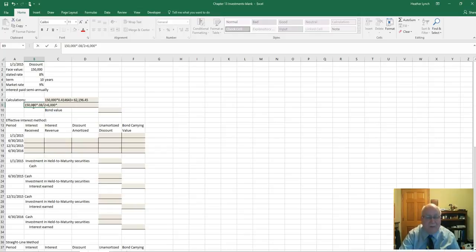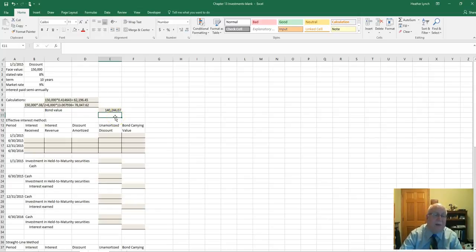Again, it's 4.5% at 20 pay periods, and that'll give you the 13.007936. If you multiply that out, it should give you $78,047.62. Add those two totals together, gives you 140,244.07. Okay, that's the amount you're going to be willing to pay for the bond.